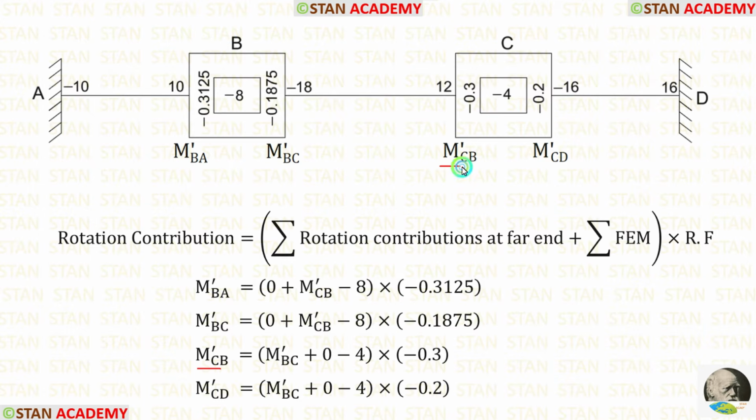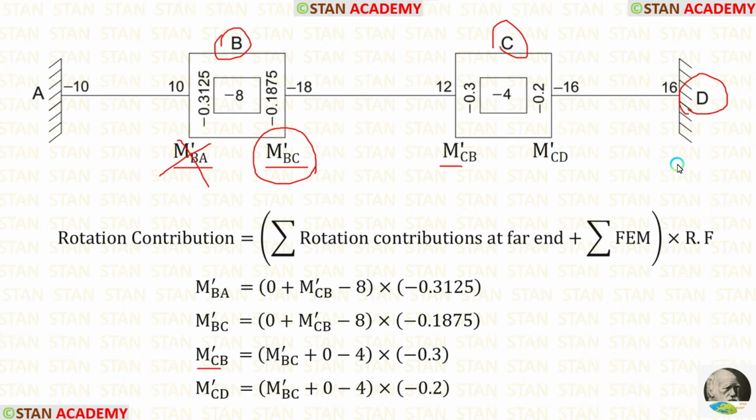Now let us see how to calculate M'CB. M'CB is located in the joint C. For the joint C, the far ends are B and D. In the point B, there are two contributions, but we have to select the nearest contribution, that is M'BC. We should not select M'BA.